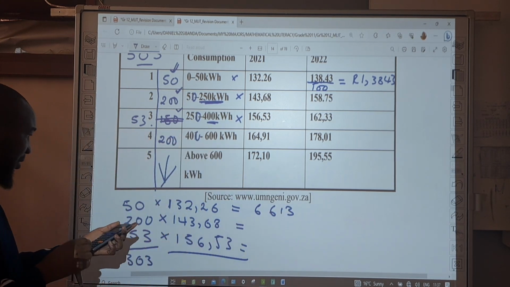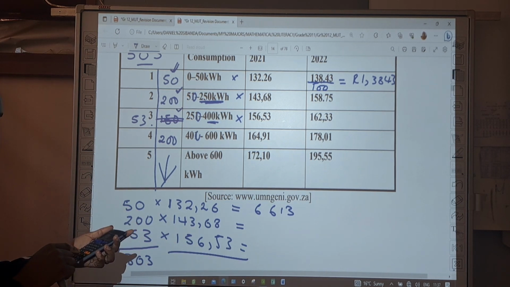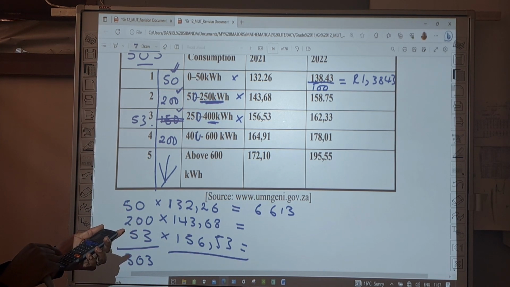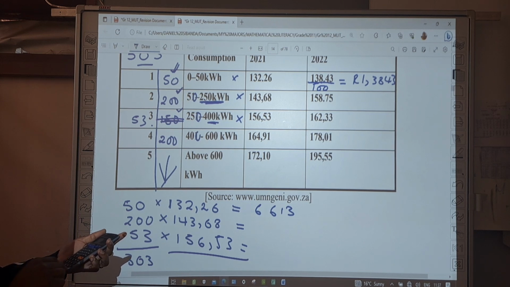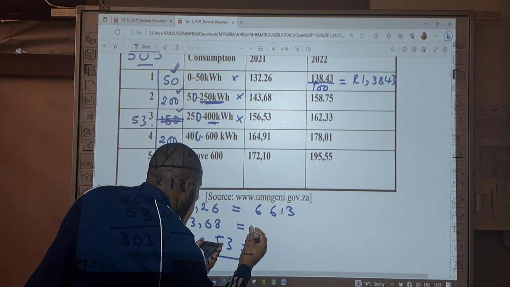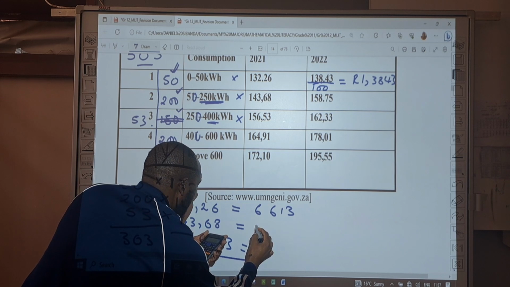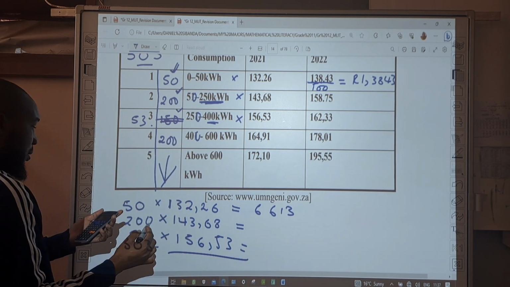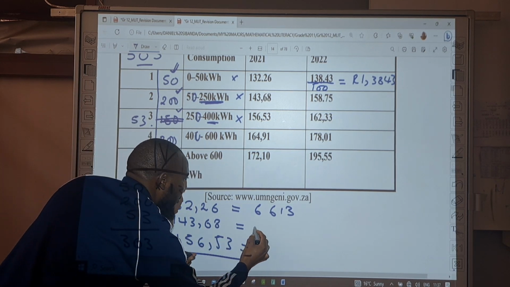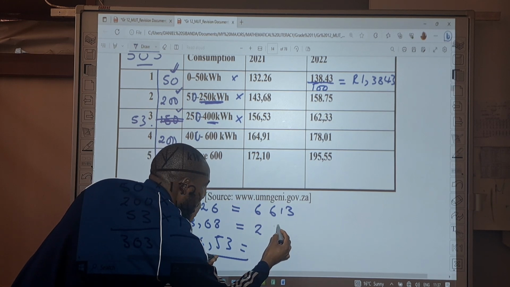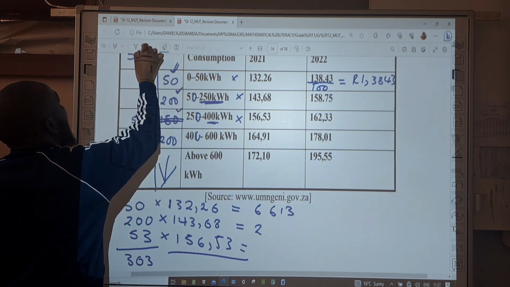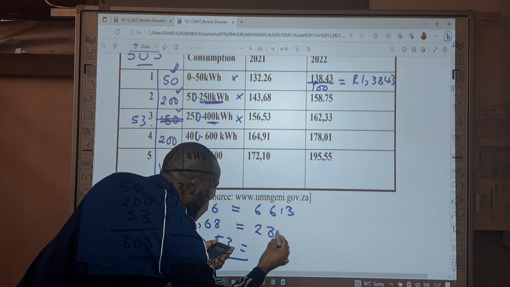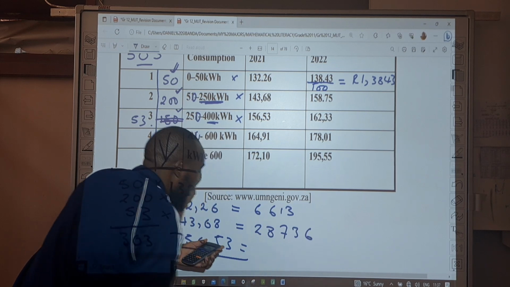Remember, these are in cents. 200 multiplied by 143,68 is going to give us 28,736.